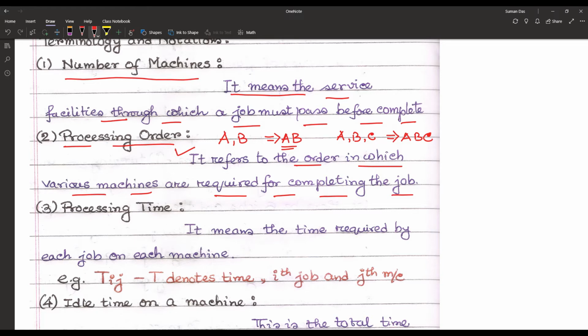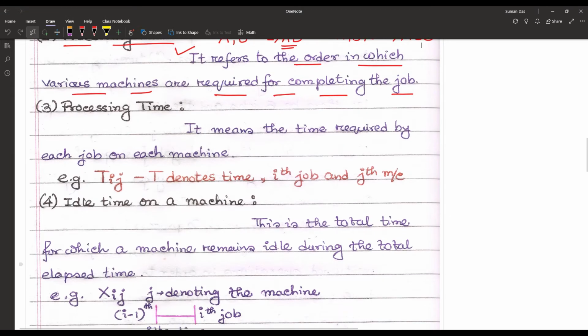The next and most important term is the processing time. It means the time required by each job on each machine, and it is denoted by T_ij. T denotes the time, i denotes the ith job, and j denotes the machine number.